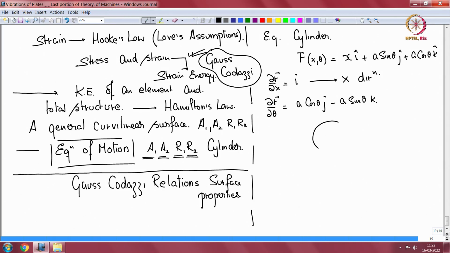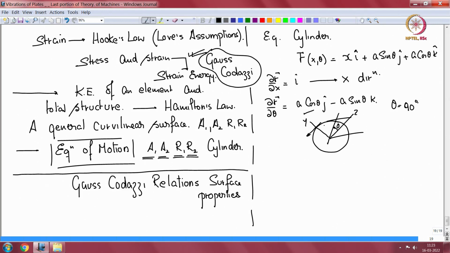And if you remember, I was measuring theta from the z axis, okay, theta was measured from the z axis. So if theta is equal to 90 degrees, okay, this is 0, this is minus a k, okay. So right here the del r by del theta is this way, okay.